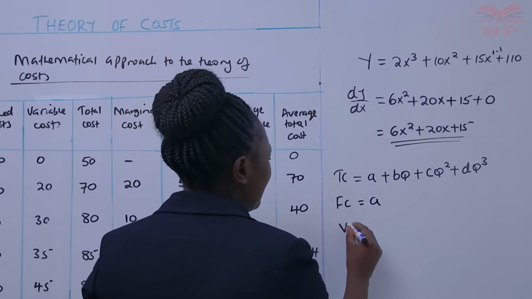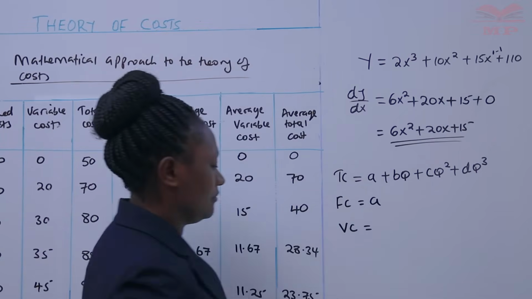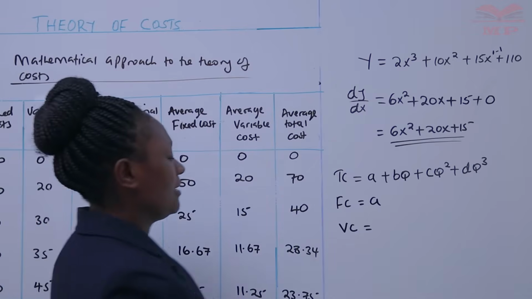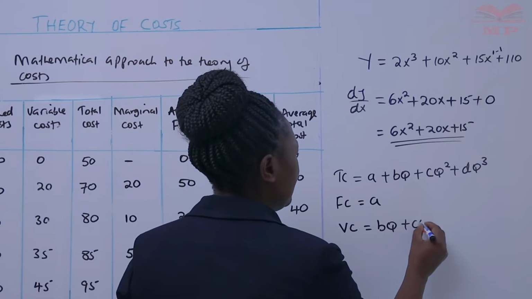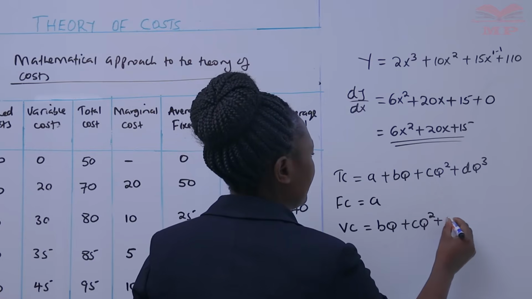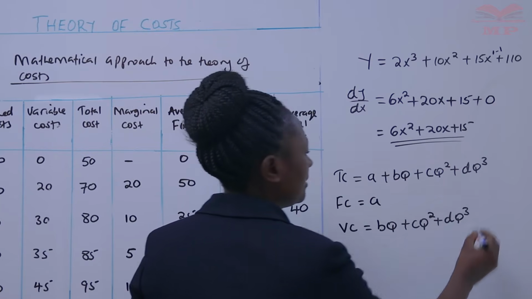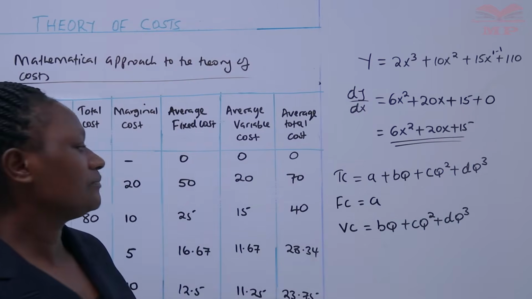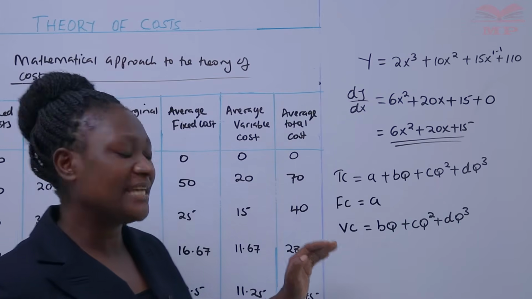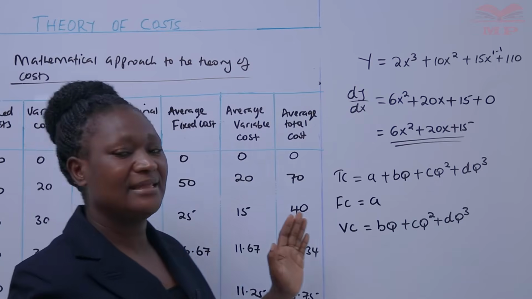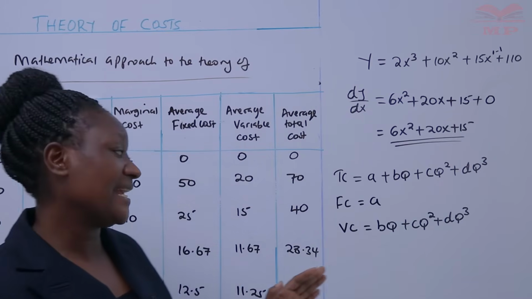Then what will be the variable cost function? This will be equal to bq plus cq squared plus dq cubed. Why so? We say that a variable cost is that cost which will change or which will vary when the level of output is varied.